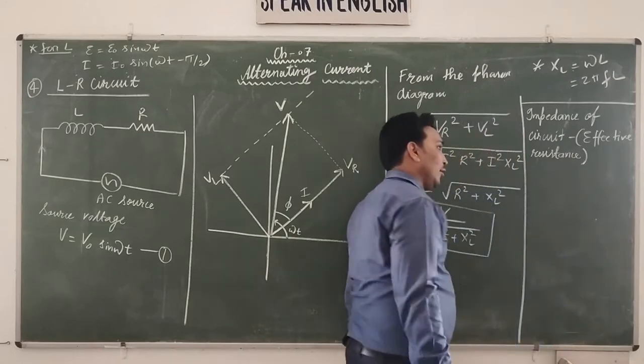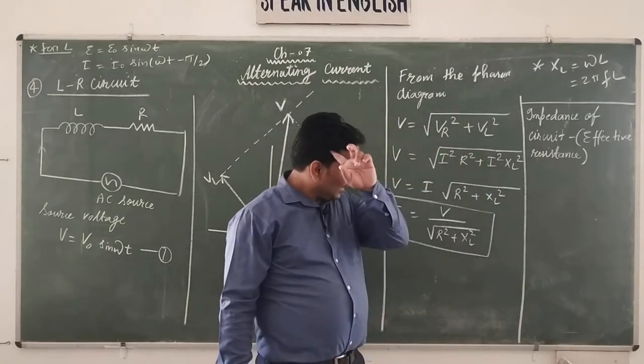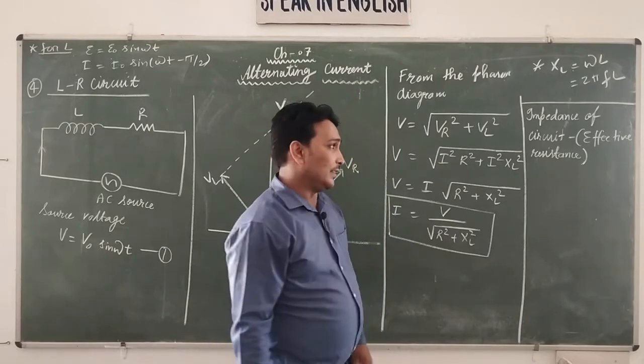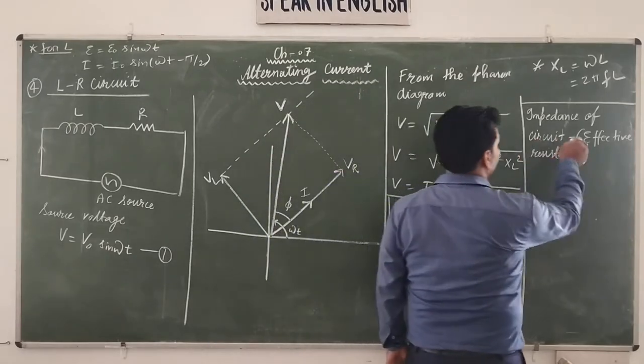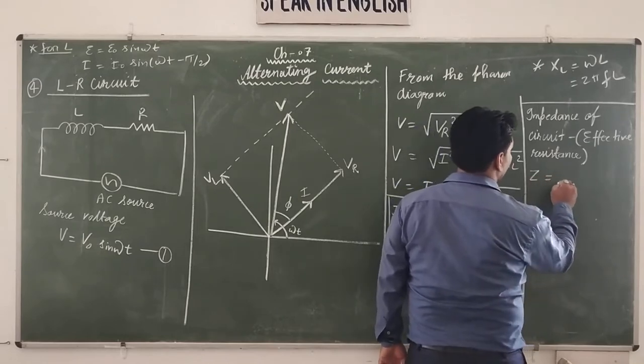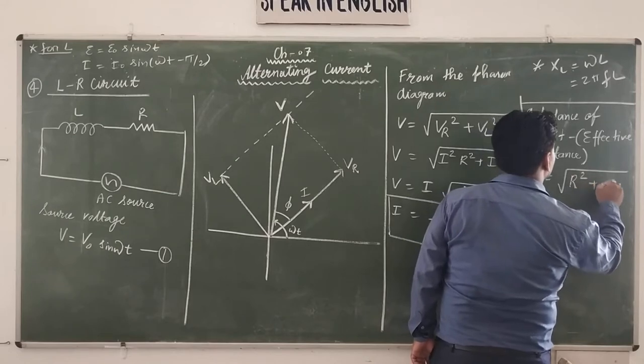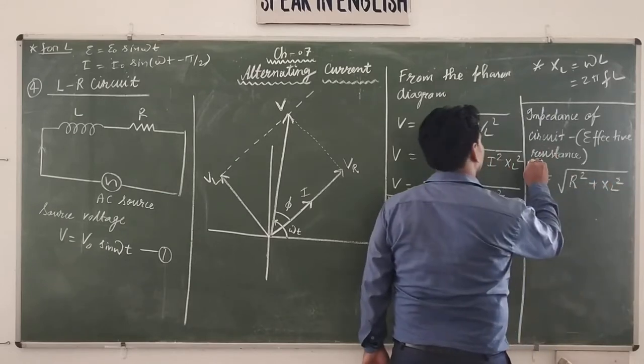It has the same role as the resistance has to play in direct current circuits. It obstructs the flow of AC. Okay. So impedance is represented by Z, and Z is equal to what? We have under root R square plus XL square.